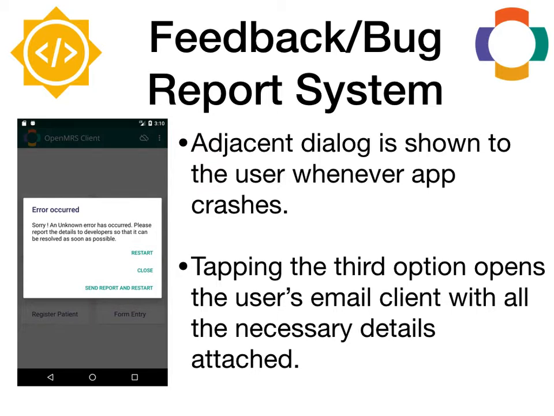And when the user taps the third option, that is send report and restart, what will happen is the Android system will open the default email client in the phone, and a detailed report about the crash will be added in the body along with the device specifications like model, OS, etc. And the OpenMRS log will be attached as a text file to the body with a proper subject line already filled in, and then the user can just write the email address with whom he or she wants to share the logs so that one can debug the app properly.